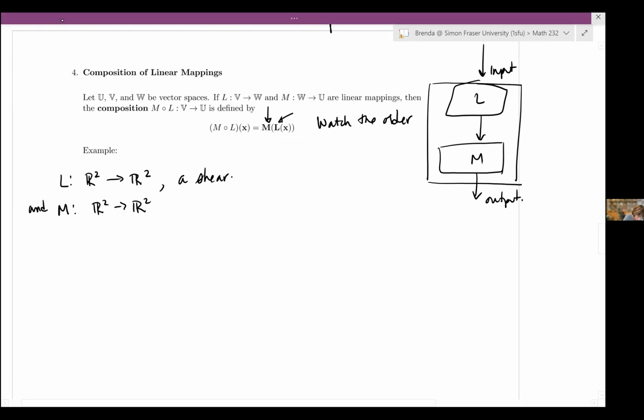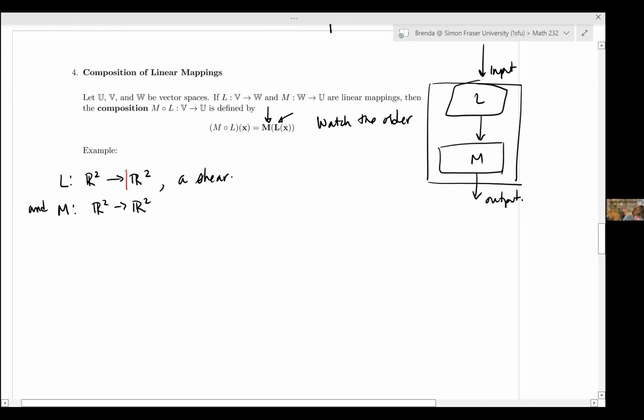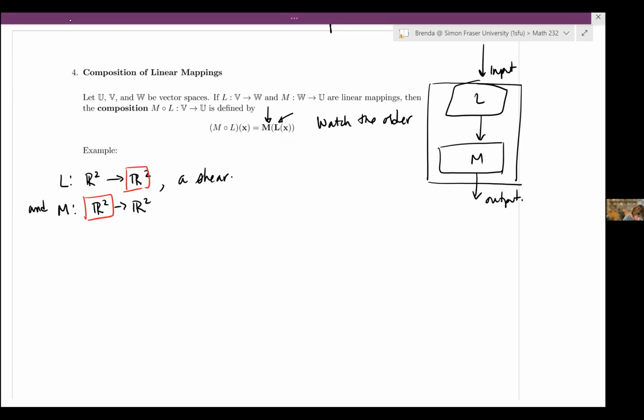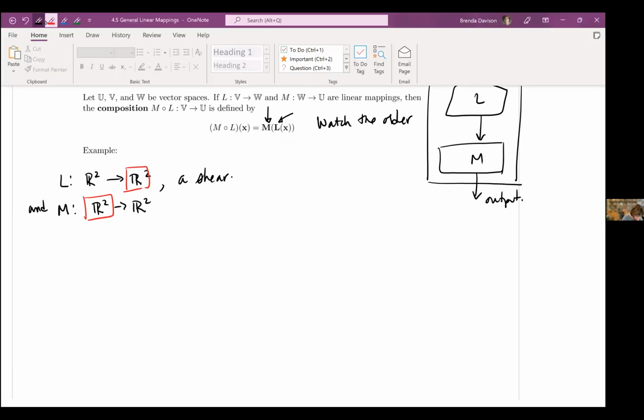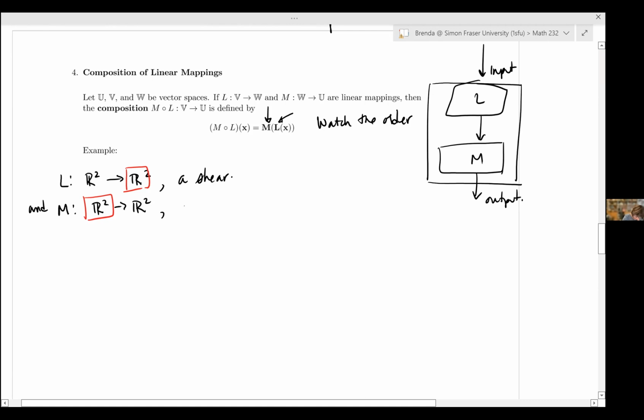Clearly, I hope these two things have to match. The output from one has to be in the right size to go into the next one. Here, that's not going to be a problem. Everything is in R2. On this one, I'm going to make a reflection. I'm going to see what happens when I compose these things.